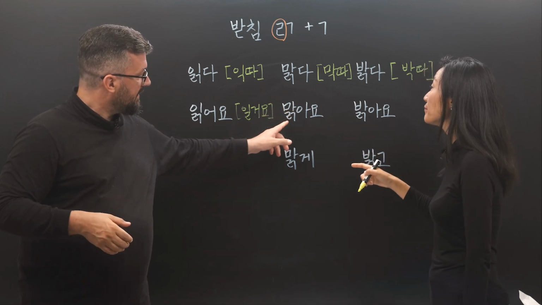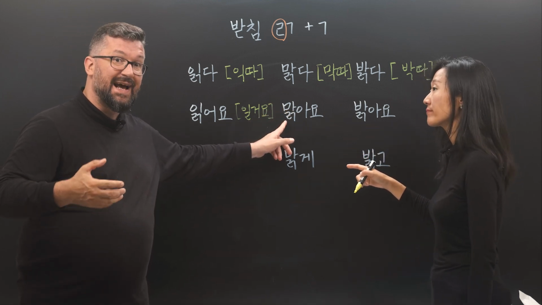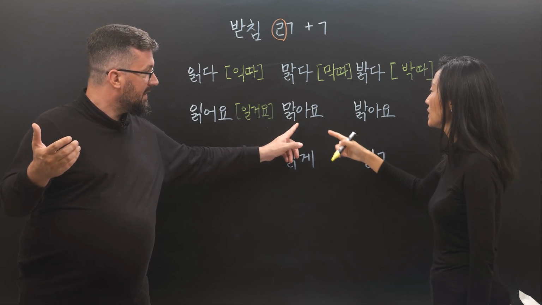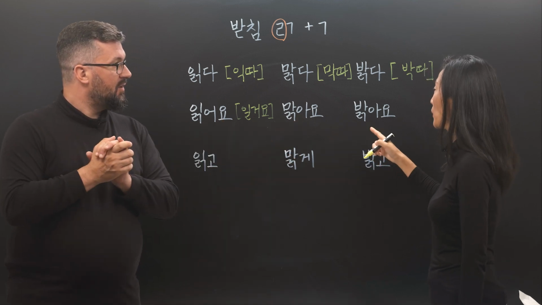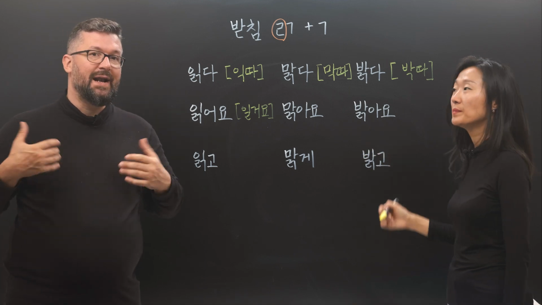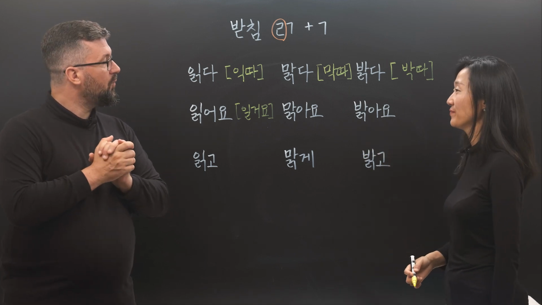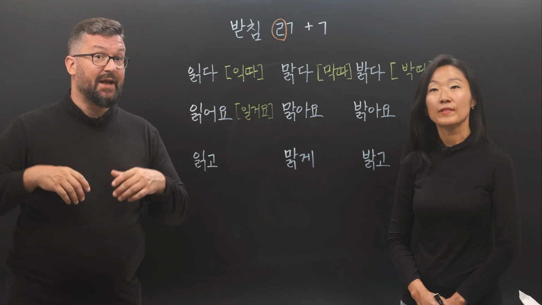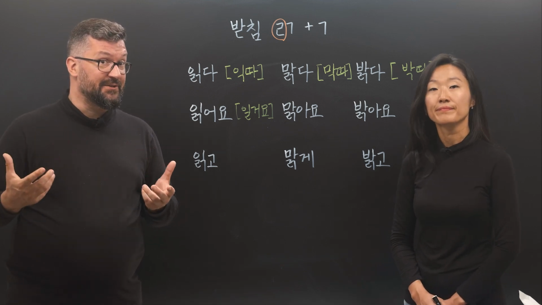Notice how the r gets pronounced as l because it's bachim. And g, 가요. 맑아요. And this one, 밝아요. So that was all repetition of what we have already learned in the Korean alphabet series about bachim and about the liaison rule.